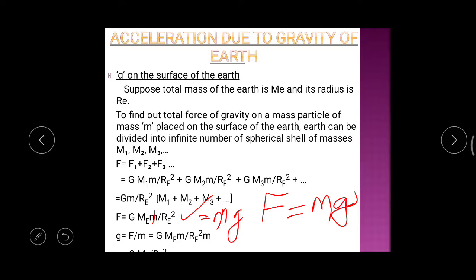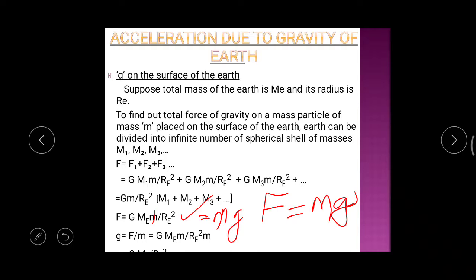The expression for the gravitational acceleration value at the surface of earth will be small g is equal to G into Me divided by Re square, that is the gravitational constant G into the mass of the earth Me, all divided by the square of the radius of earth Re square.